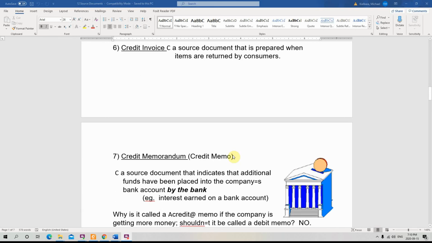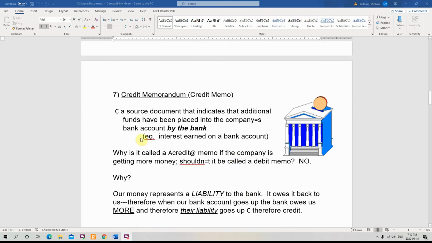Now, two that you will see are a credit memorandum, or credit memo, and basically that's a letter from the bank indicating that additional funds have been placed in the company's bank account by the bank. So an example would be interest that you earn on the bank account. So the bank is going to send you a statement or a memo indicating that you've earned so much interest, right? They'll just tell you they've done that.